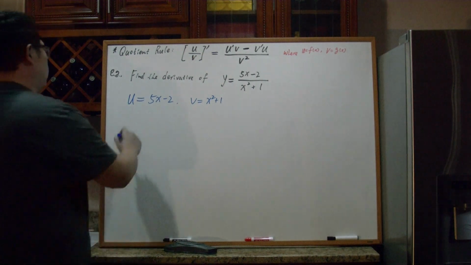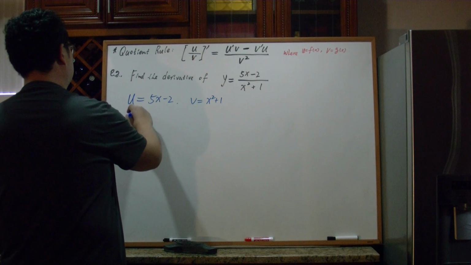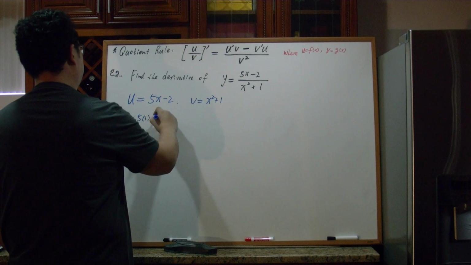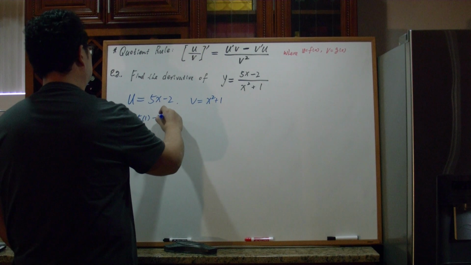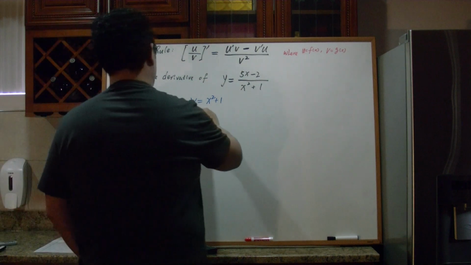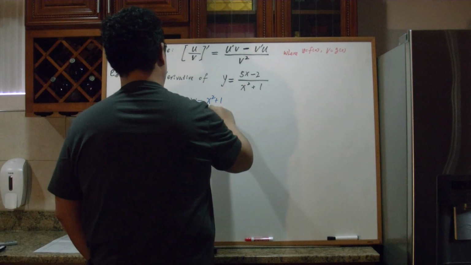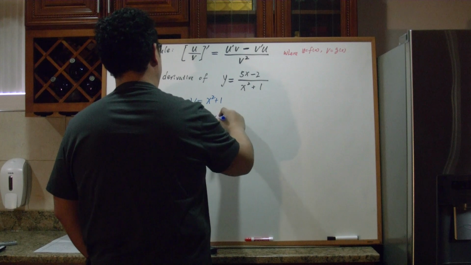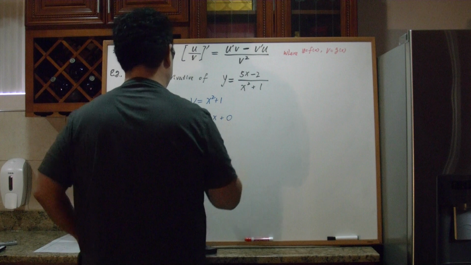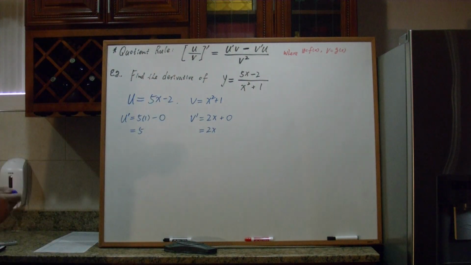Then u prime, if I still show you the whole process, is 5 times the derivative of x, which is 1, minus the derivative of 2, which is 0. And v prime is the derivative of x squared, 2x, plus the derivative of 1, which is 0. Like that we get u prime and v prime.